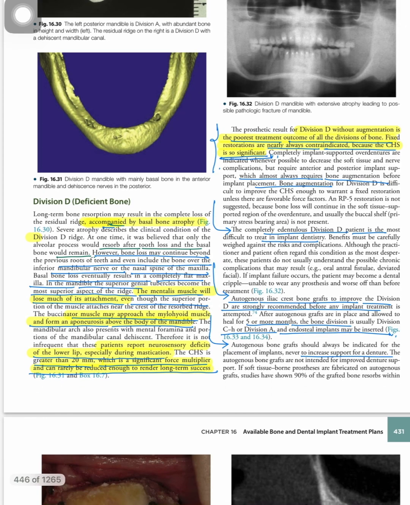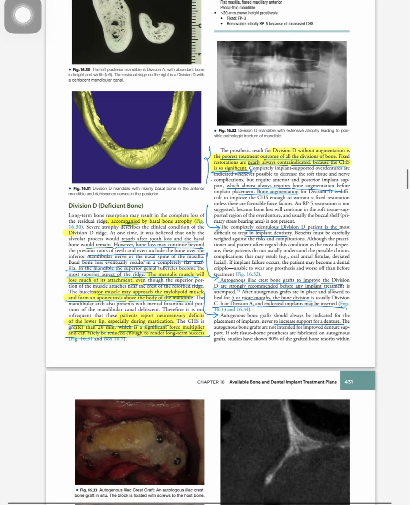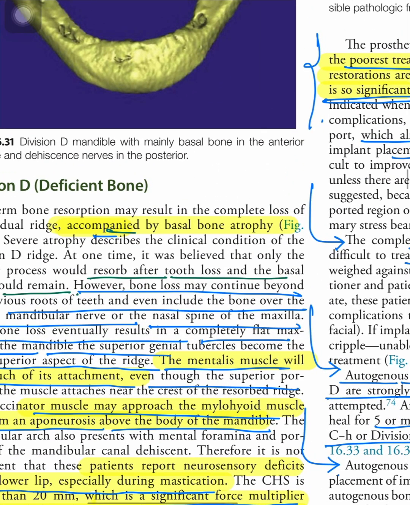So, now we'll see division D. Division D bone is a type of bone where you definitely need some sort of augmentation procedure before you even think of placing implants. And in most cases, in mandible, you go ahead with subperiosteal implants.